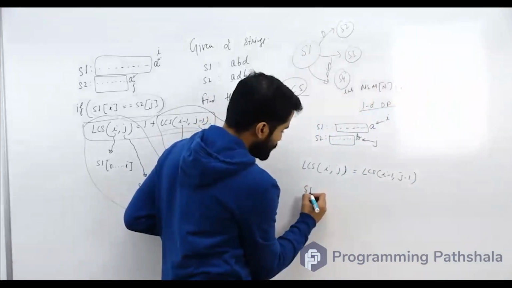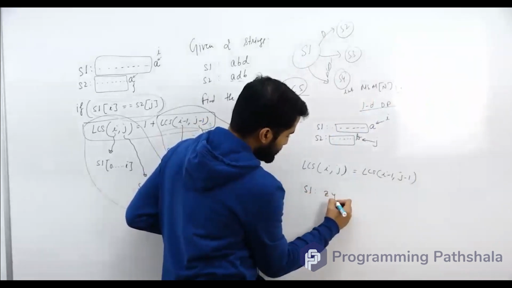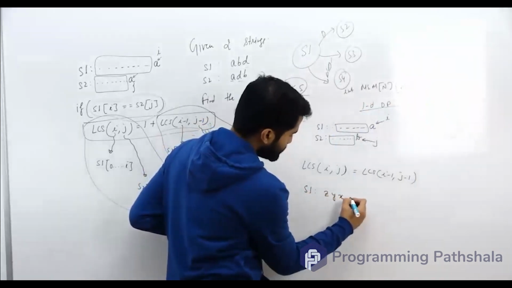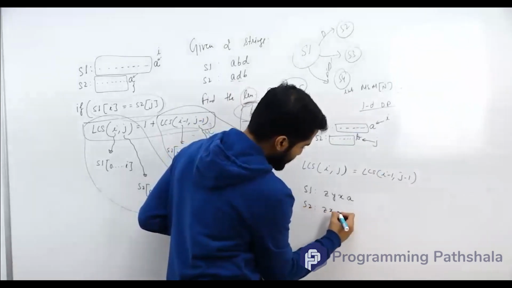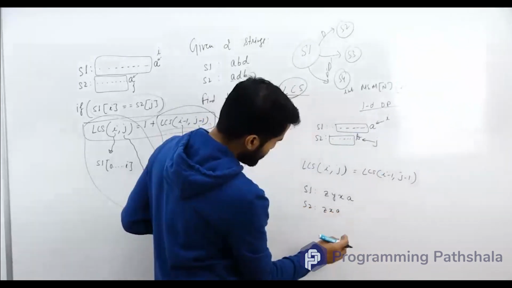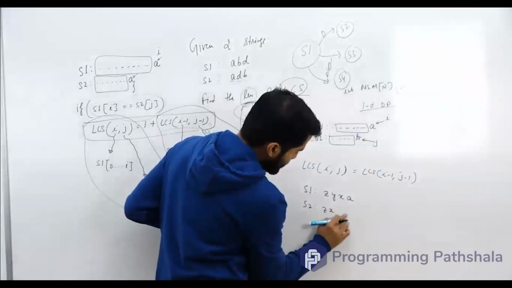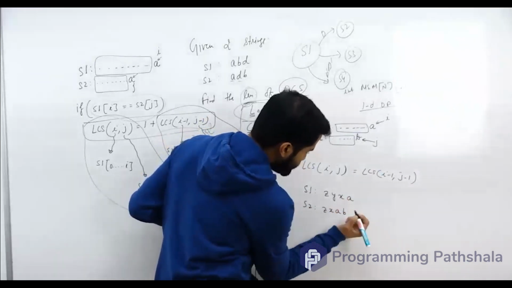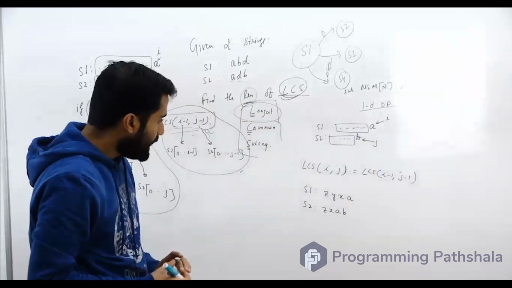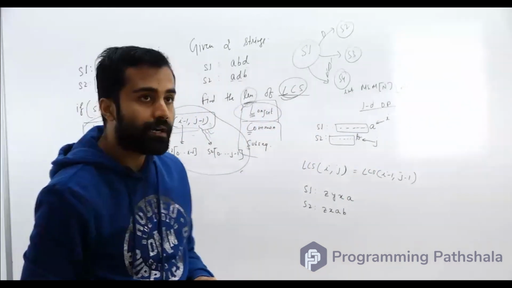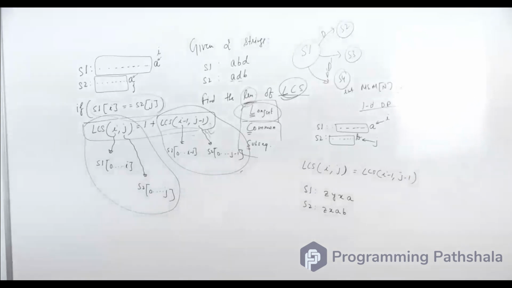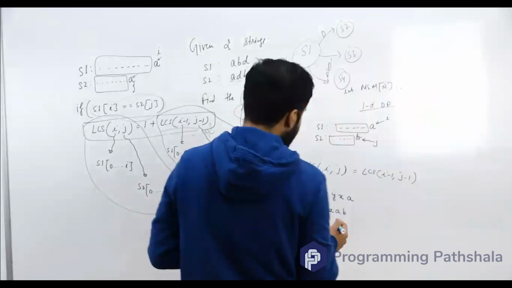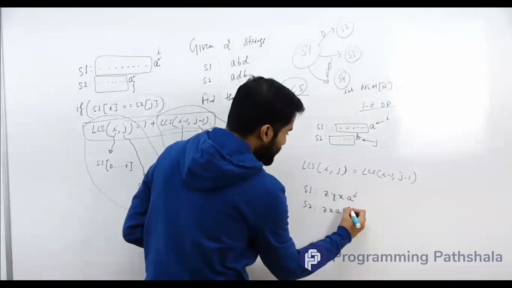Let's say you have S1, which is ZYXA, and you have S2, which is ZXAB. Who will tell me the answer for this case? What is the longest common subsequence over here? It is ZXA. Now you can see that here the last characters are not matching.